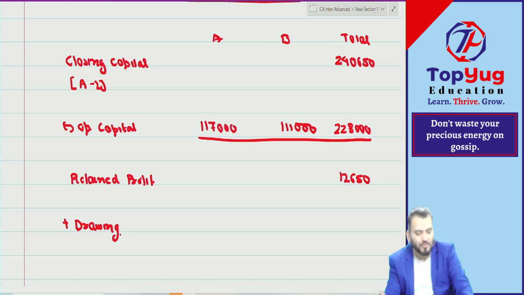Now some cash will come that will be used for repayment of bank overdraft. No, they have not given cash and bank balance, so cash and bank balance will be assumed to be nil only. Either profit will be given or cash and bank balance is given. Have we done some mistake or what?